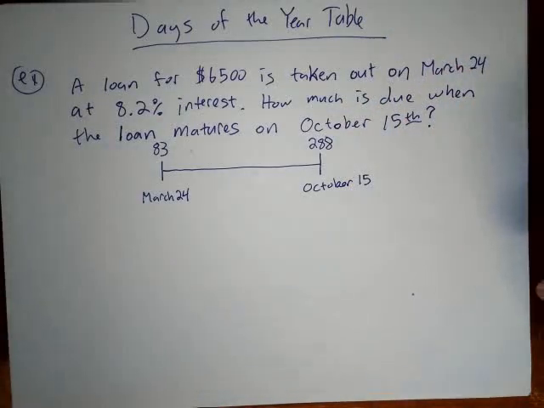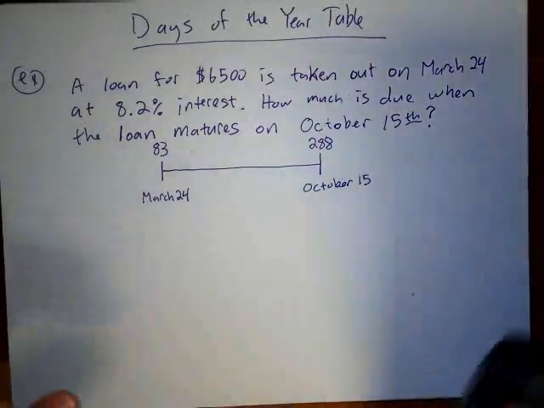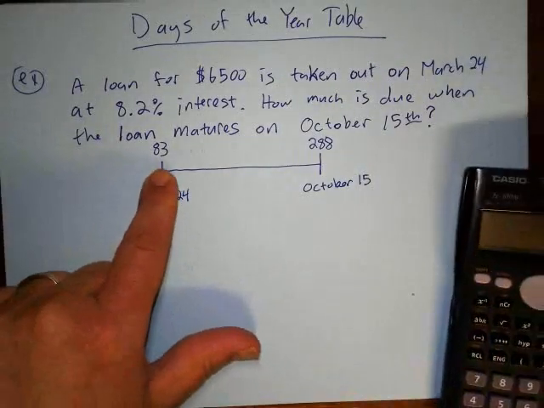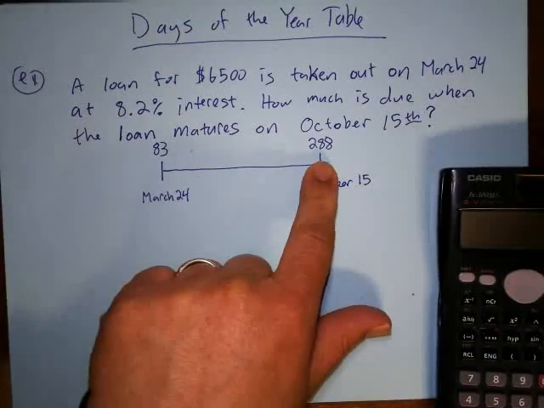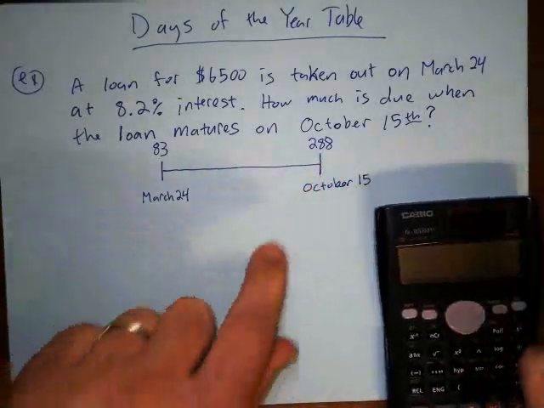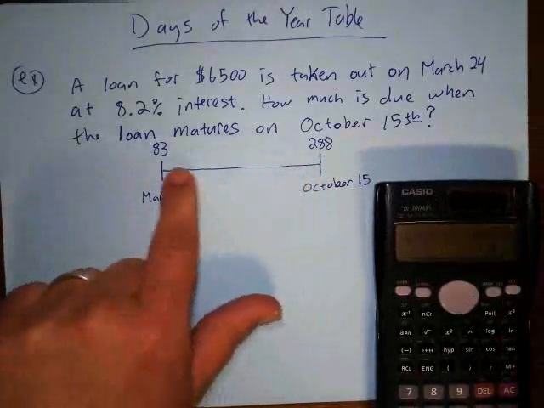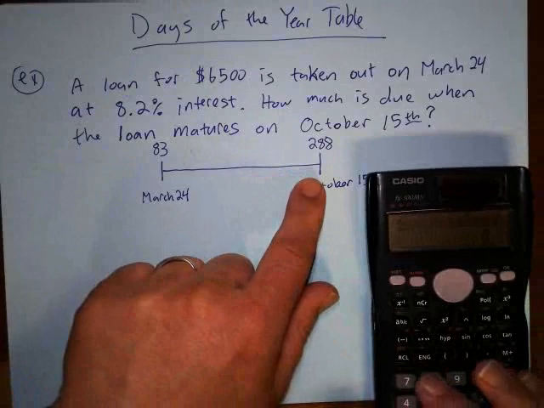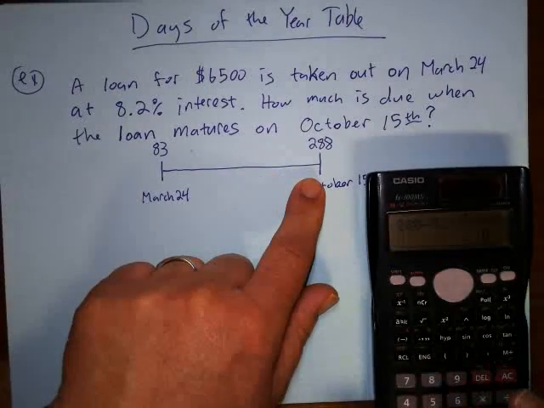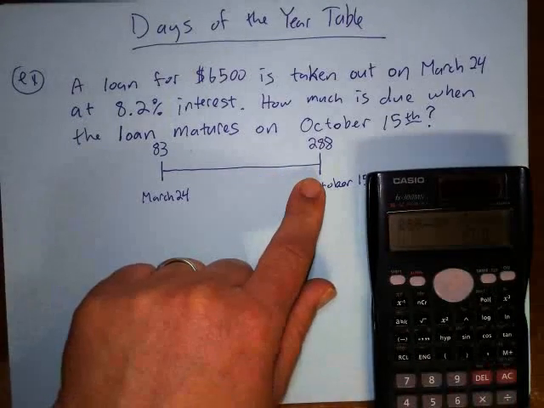Okay, so now I can find the length of the loan in terms of days. This loan goes from the 83rd day of the year to the 288th day of the year. So all I have to do is subtract these to find the number of days between the two dates. So 288 minus 83 is 205.